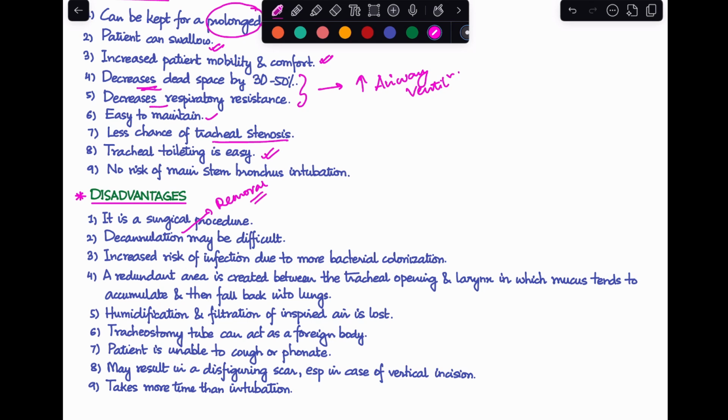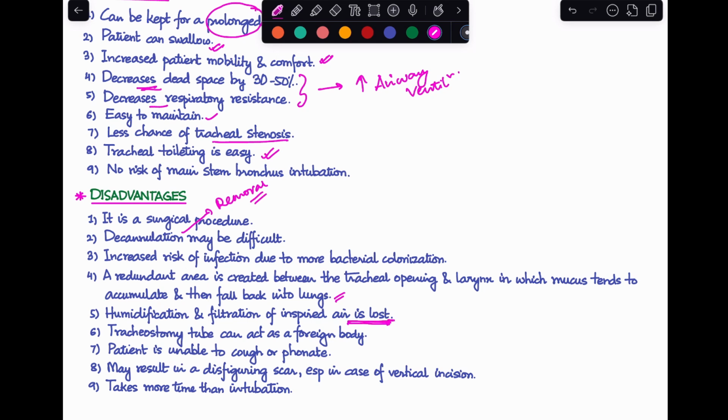Next, a redundant area gets created between the tracheal opening and the larynx, in which mucus tends to accumulate and then fall back into the lungs. Next, the patient will have the physiological problems that I mentioned earlier, that there is a loss of nasal filtration and humidification of the inspired air.